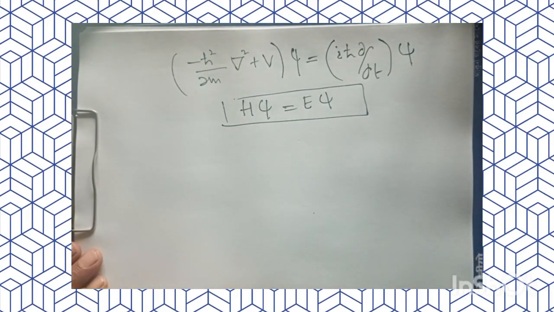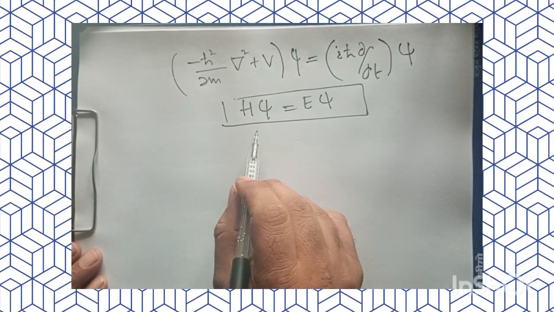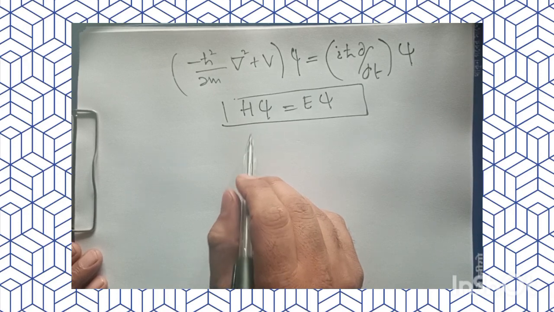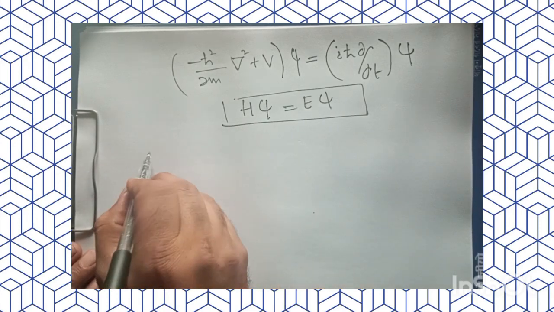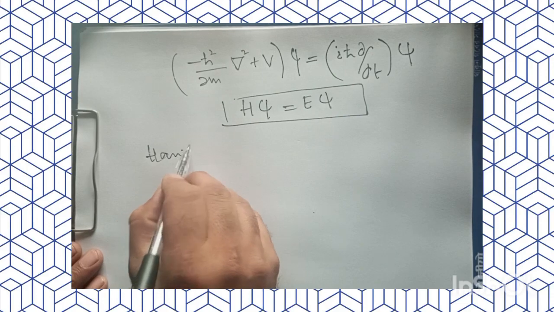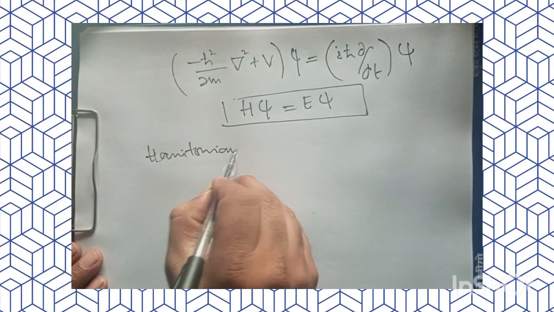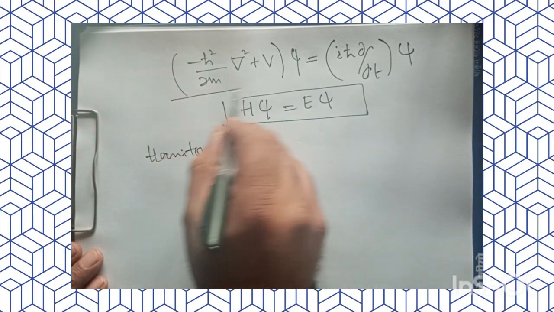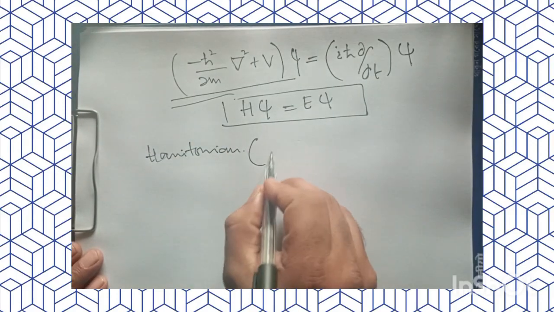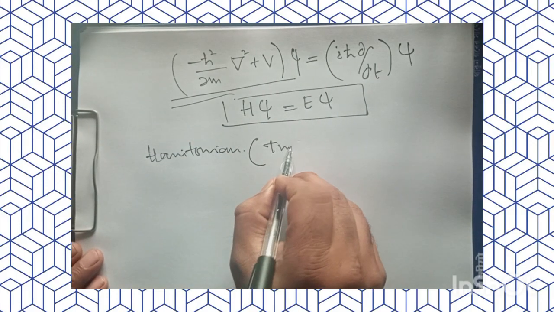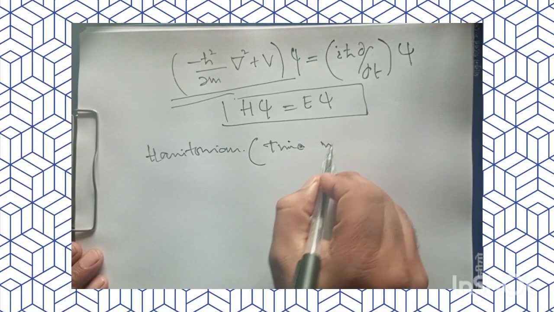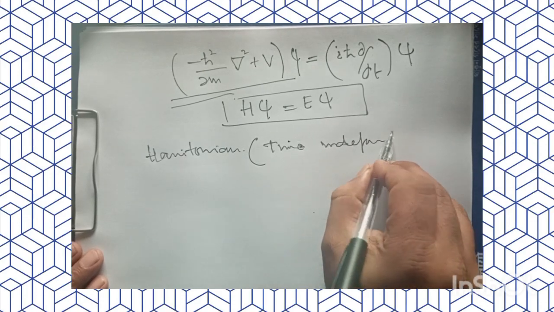Now here I have an operator associated with an observable. If I talk about the operator for Hamiltonian, this part is time independent, so we are taking the time independent part of Schrodinger's equation.